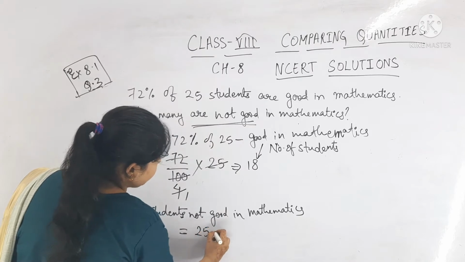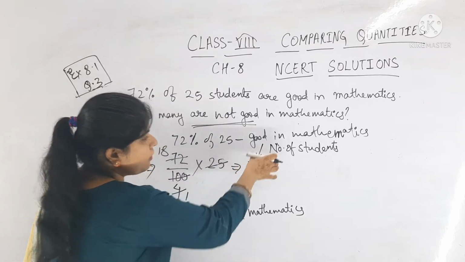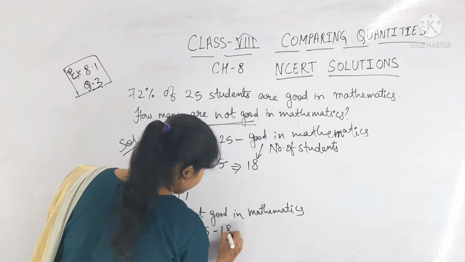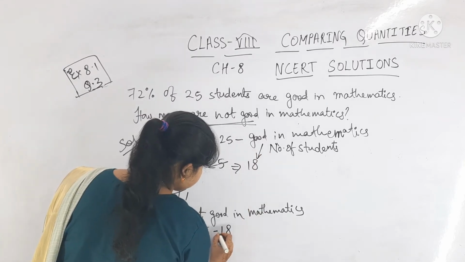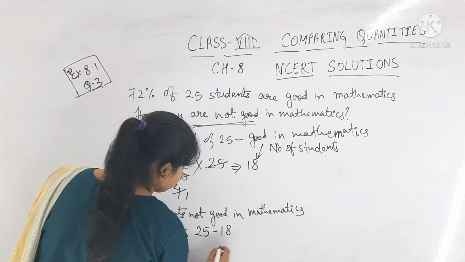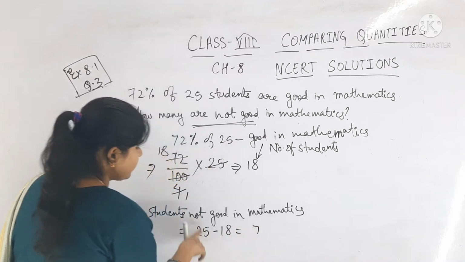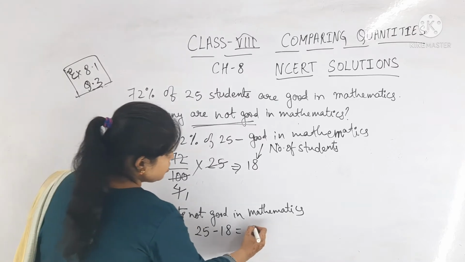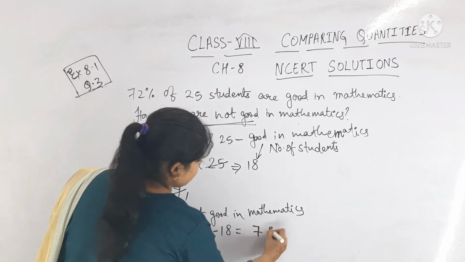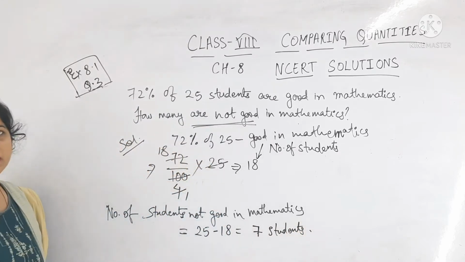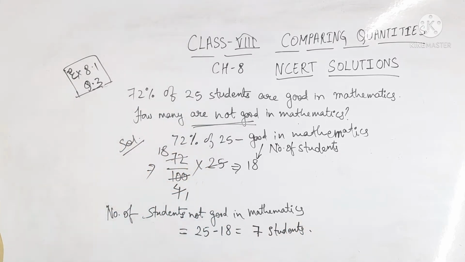So 25 minus the number of students good in maths, so 25 minus 18. So 15 minus 8 is 7, and 2 will cancel, 1 minus 1 is 0. So 7 students are not good in mathematics. That is your solution number 3.